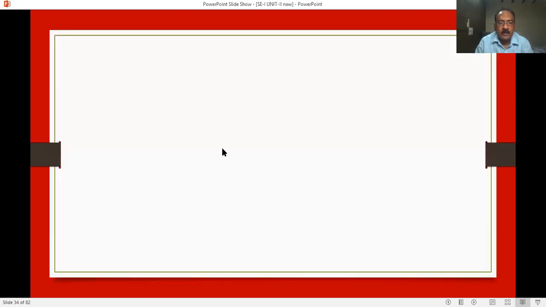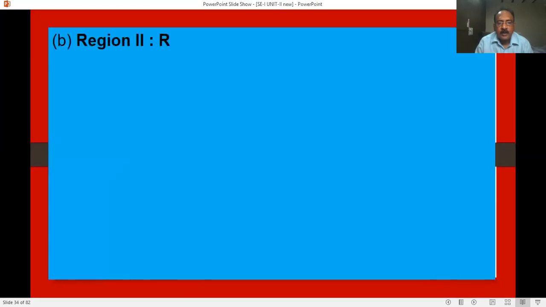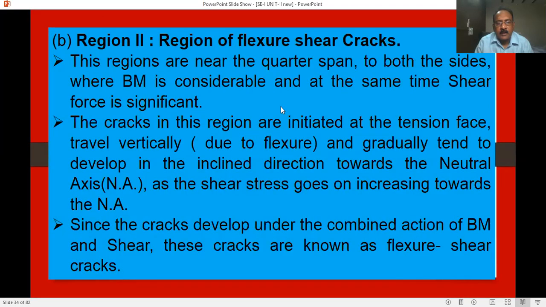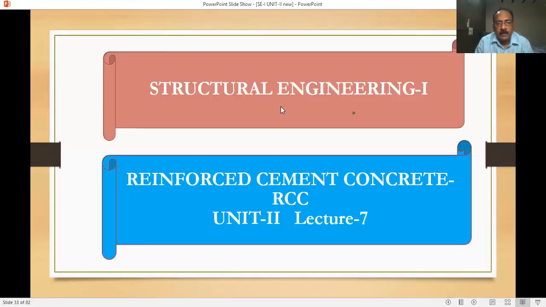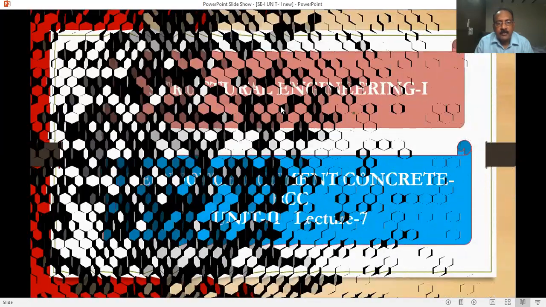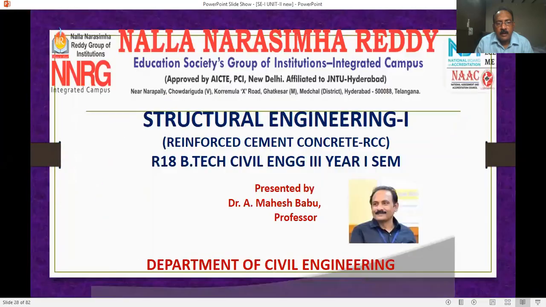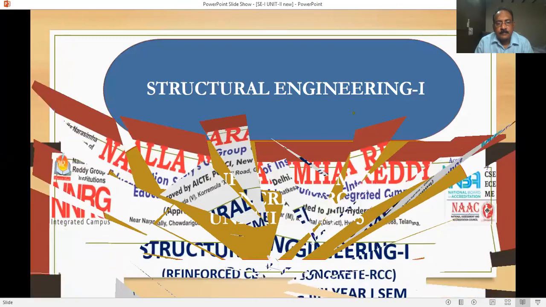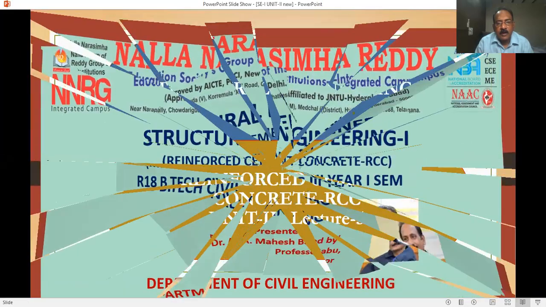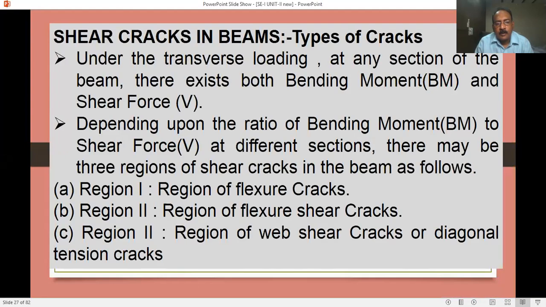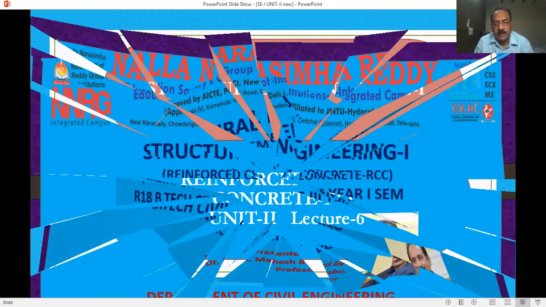In the first one, in region 1, what do you observe? In region 1, only flexure cracks, that is flexure only. In bending moment, in region 1, only bending moment flexure cracks, okay?